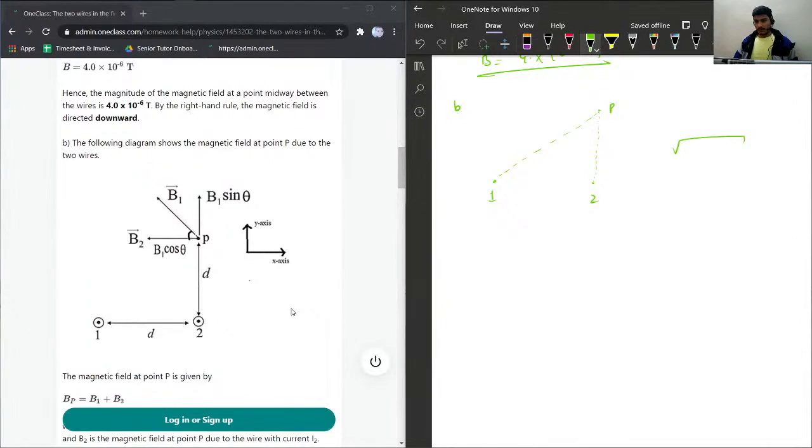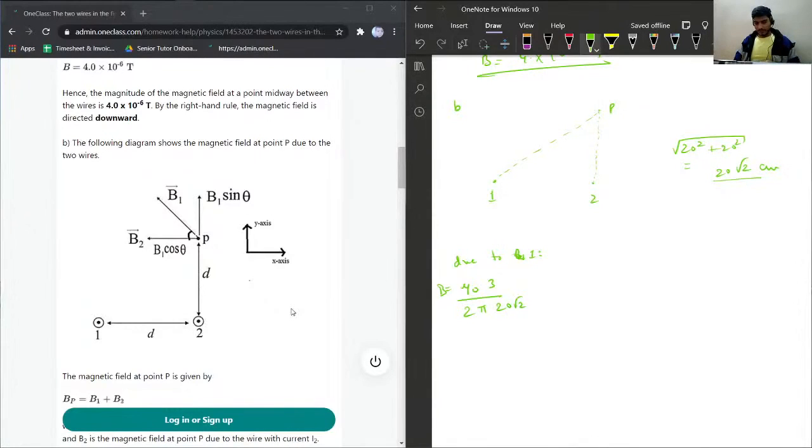So this will be 20 square plus 20 square, which is 20 root 2 centimeter due to 1. B will be mu naught I over 4 pi, where I is 3, and the distance will be 20 root 2.